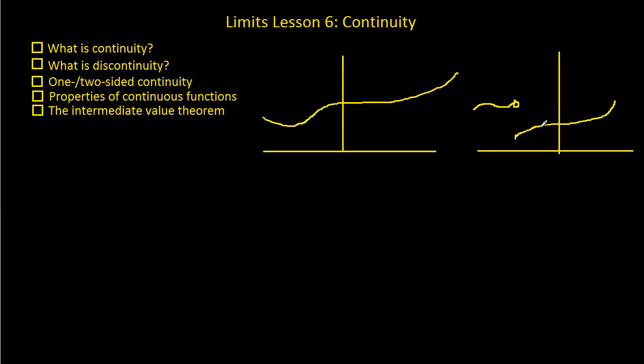Now, this function is not completely continuous because at this point, we keep going, but it doesn't continue here. We have to jump down, and this abrupt jump makes this not continuous at this point, because we had to lift up our pencil when we drew this graph. So this is our continuous function, and this is our discontinuous function.